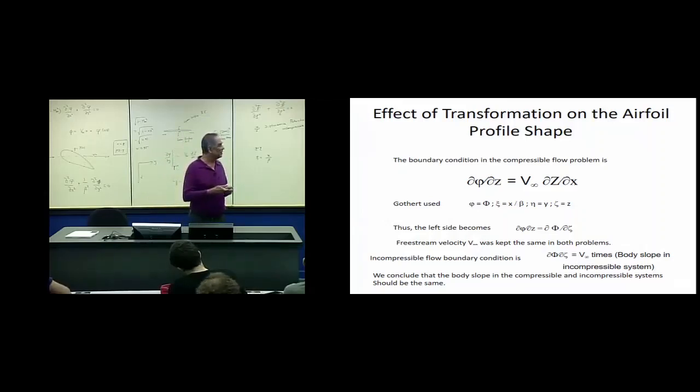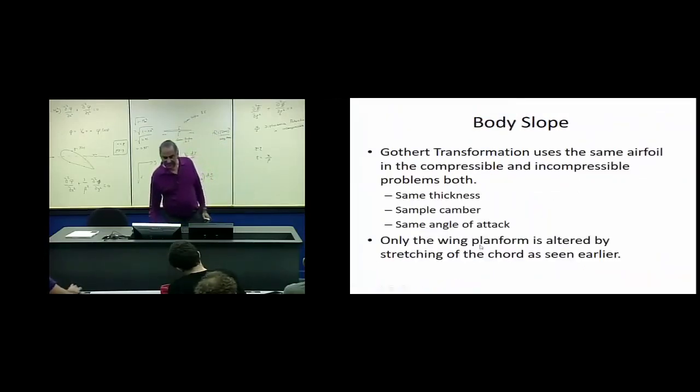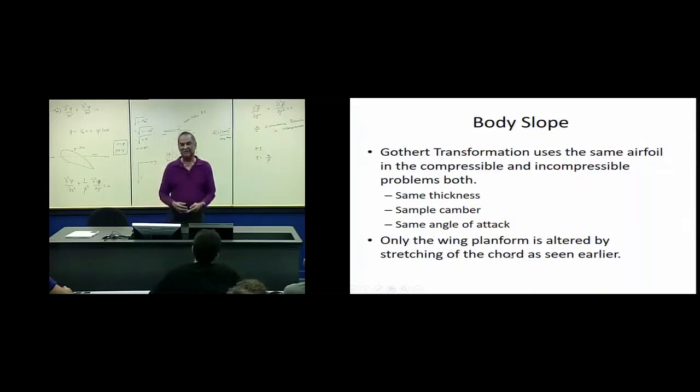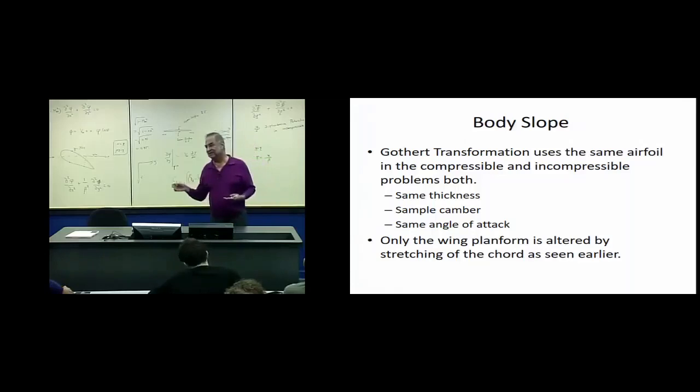Okay. So after you have done this, we are interested in the CP. So same thickness, same camber, same angle of attack, same airfoil. Only the wing planform has been altered by stretching the chord. Okay. I highly encourage you to run the program, print out stuff, compare with the AVL, visualize your plot, make sure everything is working.